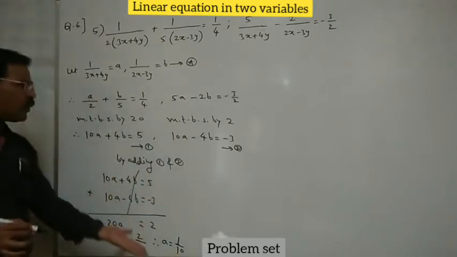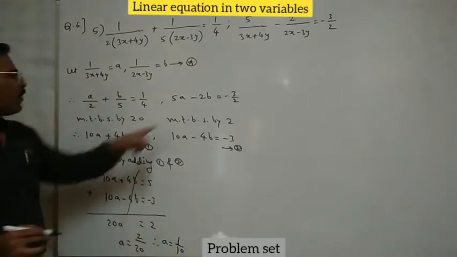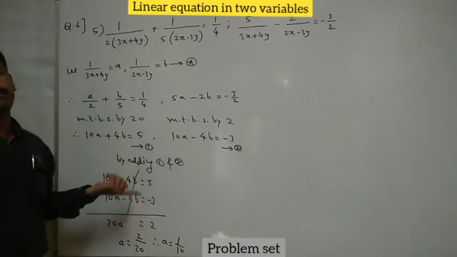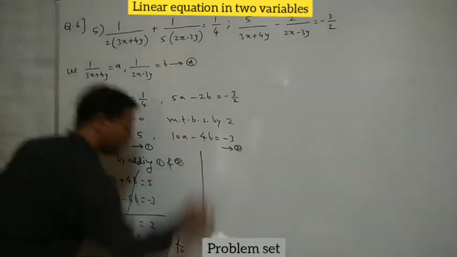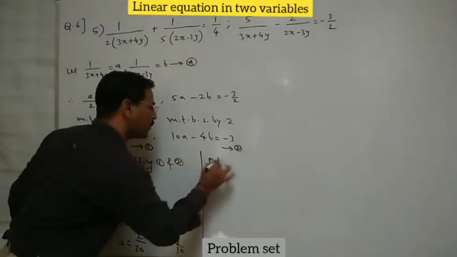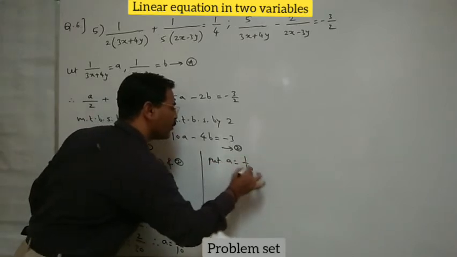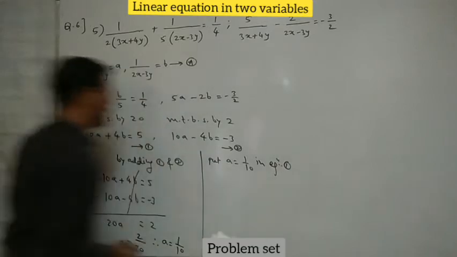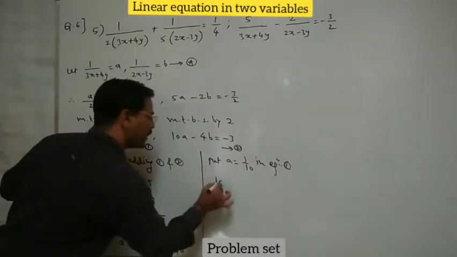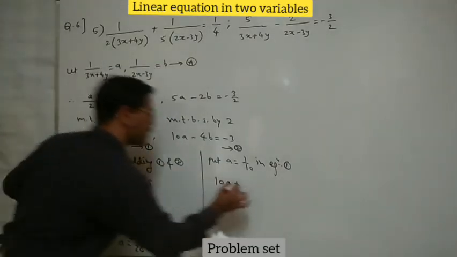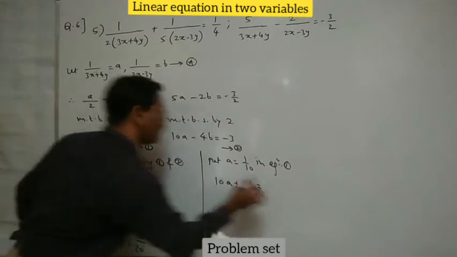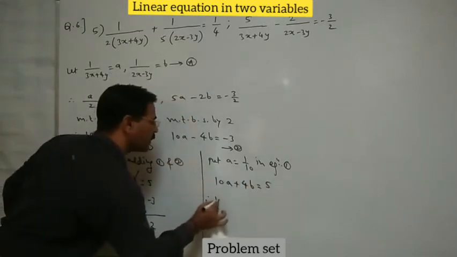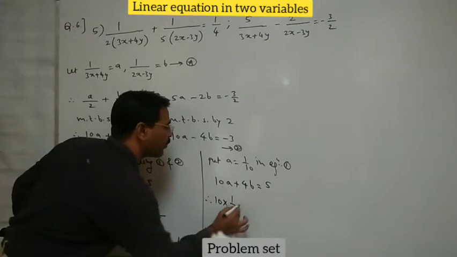Okay. Now this value of a we can put in either of equations 1 or 2. We'll find b also. Okay. Look here. Put a is equal to 1 upon 10 in equation number 1. Where is it here? I'll put here 10a plus 4b is equal to 5. I'll put here 10 into a for 1 upon 10.